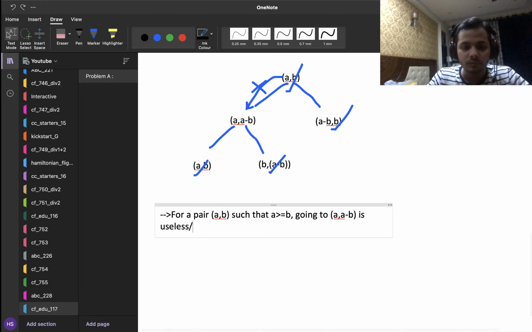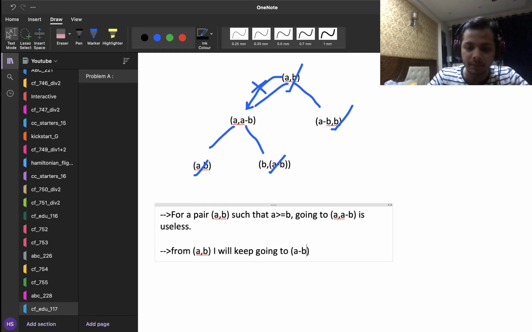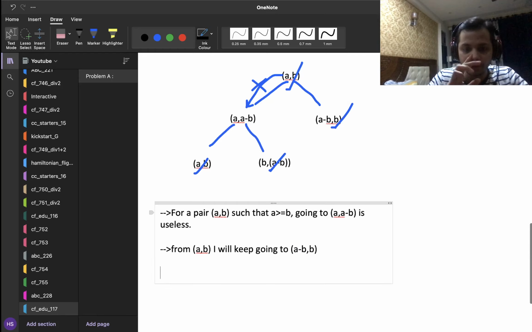So what happens is, from a comma b, I will keep going to a minus b comma b. I will keep doing this, but obviously there is a limit.